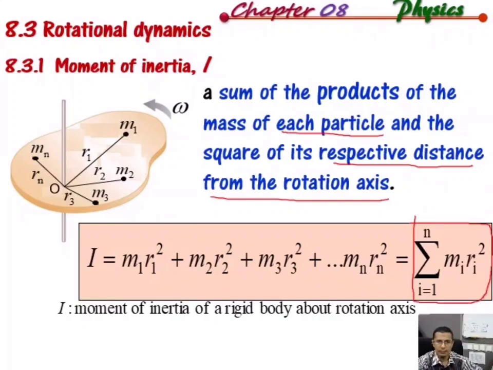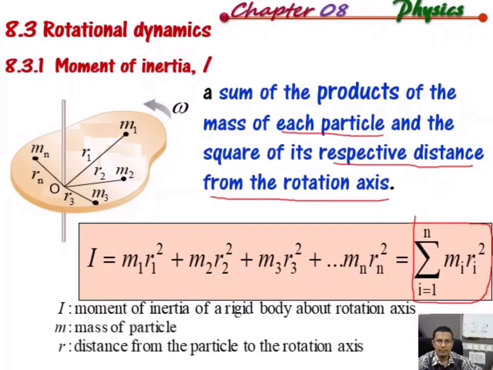All right, so remember, I is moment of inertia, m is mass, and r is the respective distance from the rotation axis. This I, moment of inertia, is also known as rotational mass.